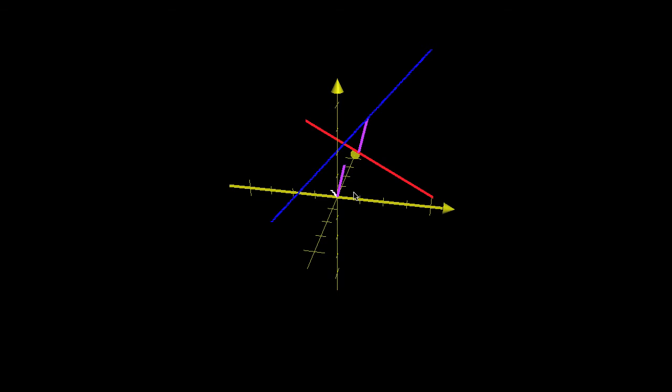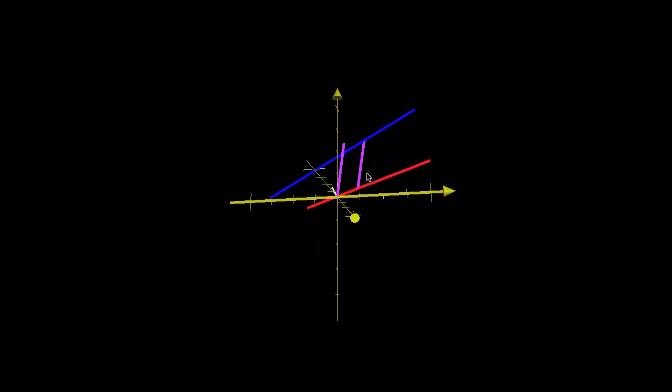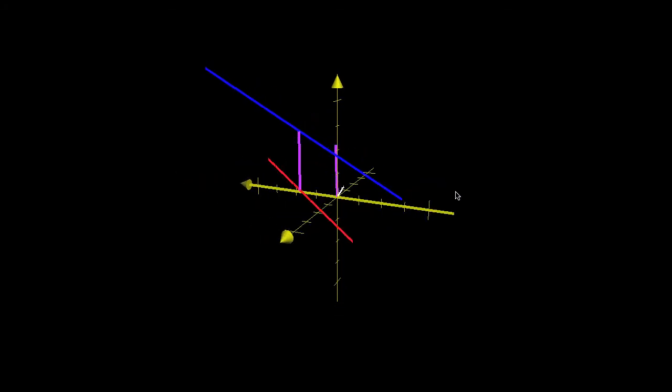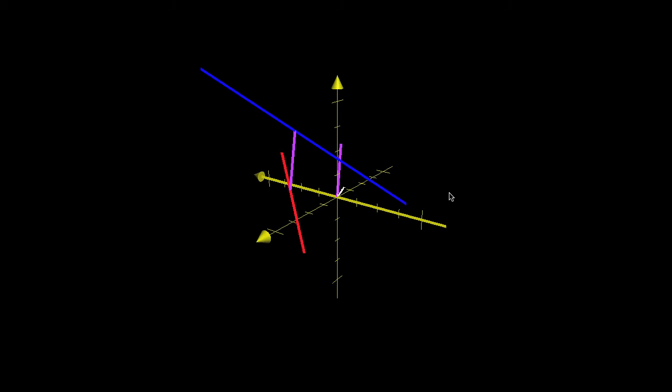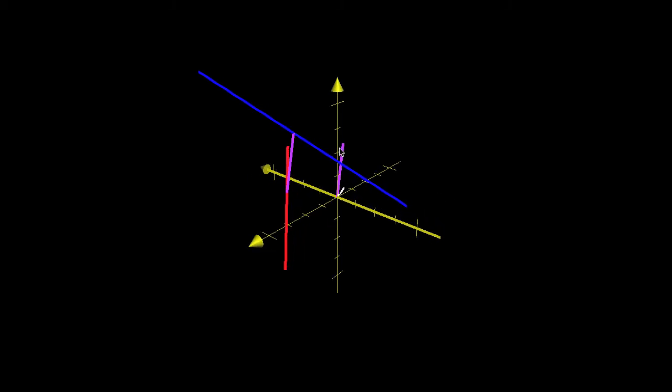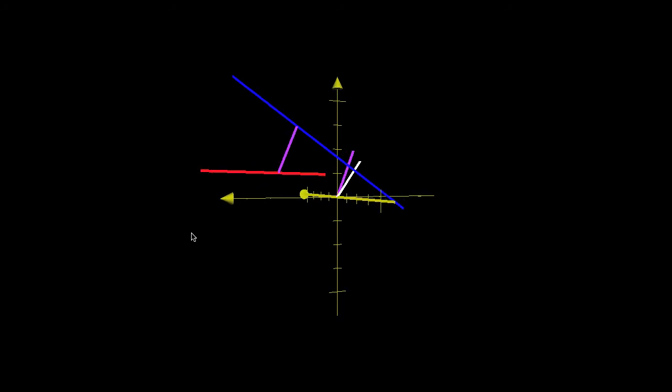So now I use the dot product. If I do the dot product between the purple vector and the white unit vector, what that will give me is the projected length of the purple vector onto the white unit vector. So I do that dot product, and I get this vector right in here.